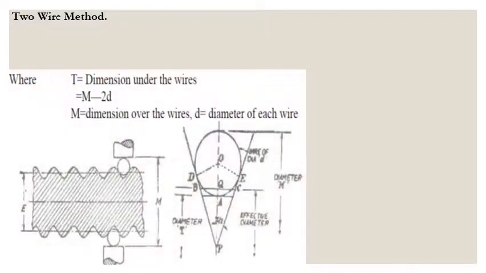So let us start with the two wire method. In this two wire method, you can see the two wires are kept on either side of the same screw thread, and the reading is taken.